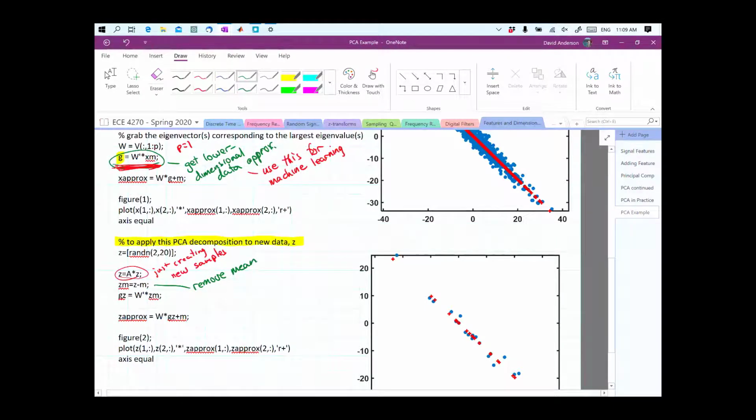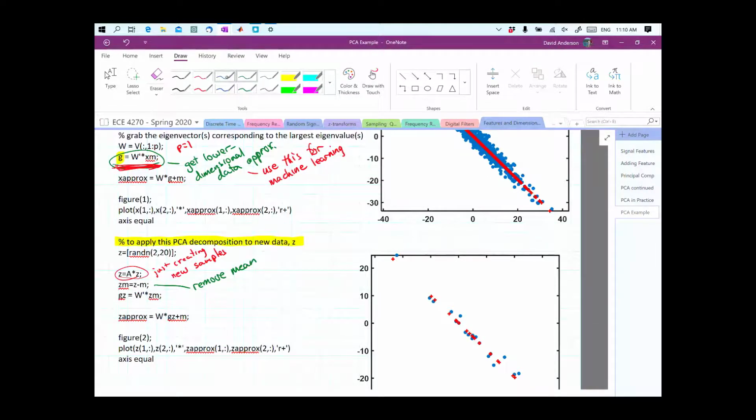Why is that? Well, in practice, if you had 100,000 new samples, you could remove the mean of those 100,000 new samples, and that would be fine. But if we just have 20 samples, the mean is likely to be very noisy. So we're going to use the mean, assuming they came from the same distribution that we calculated on our training data.